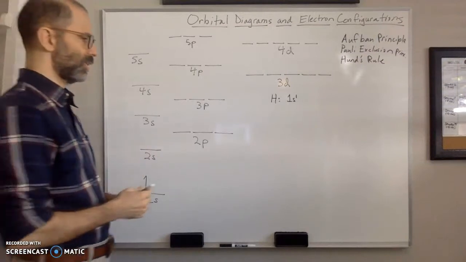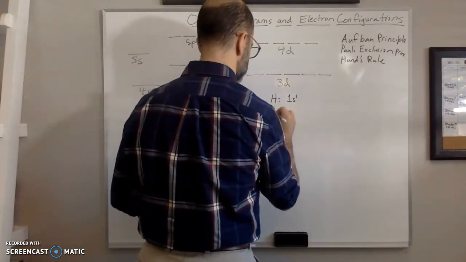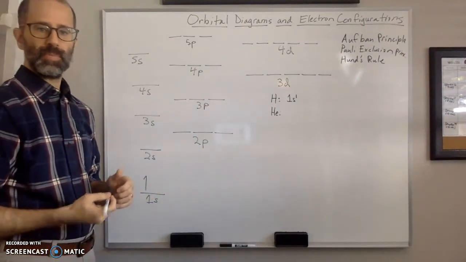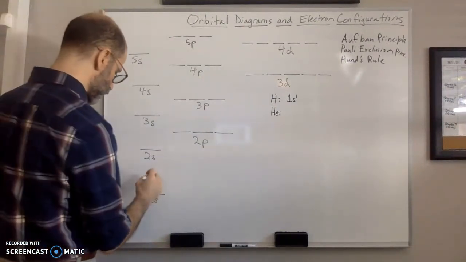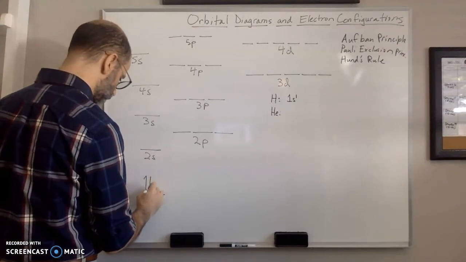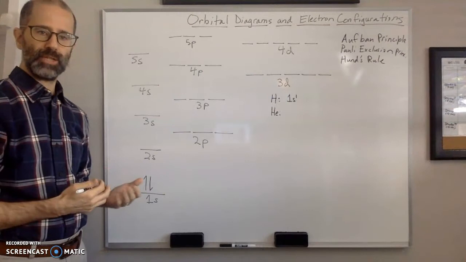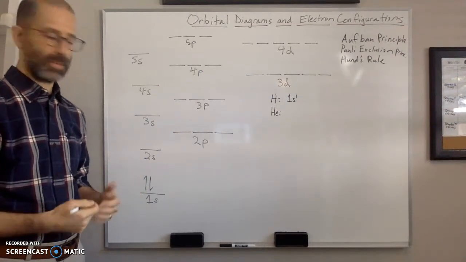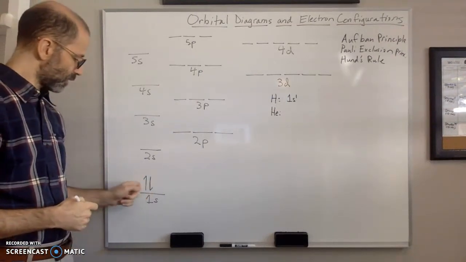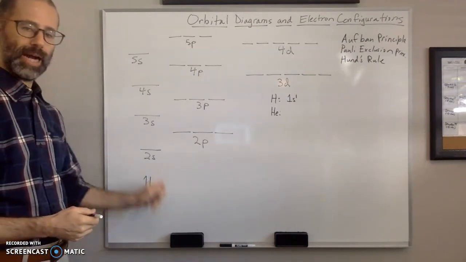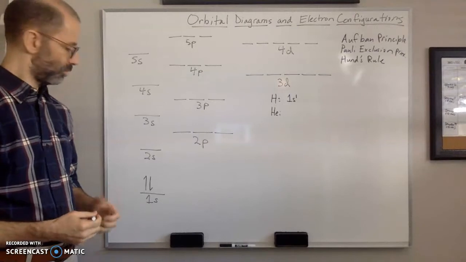Okay, what about helium? Helium has 2 electrons. So I put another electron in here, but it has to be spin down because I can't have 2 electrons in the same orbital with the same spin. So they're opposite spins, and I have 2 electrons in here. That would be the orbital diagram of helium.